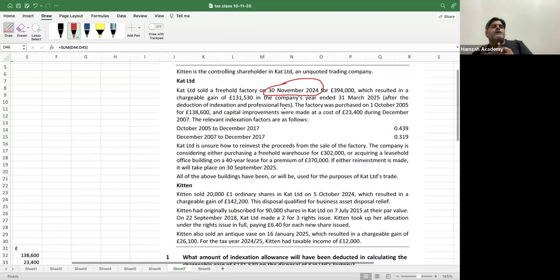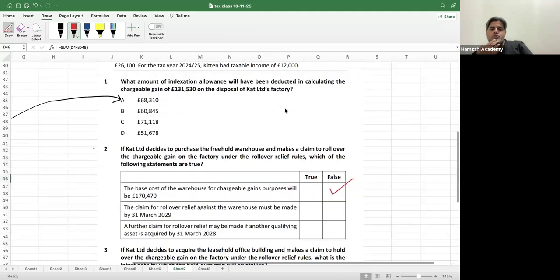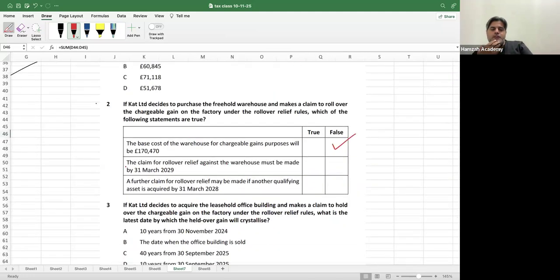So if it's 31st March 2025, I can take it 4 years forward: 26, 27, 28, 29, and then 30, because it's going to be replaced in the next year. In 2025 I sold, it's going to be replaced in 2026, then 4 years after is 2030. So saying that the claim is going to be available in 31st March 2029 is wrong because it's been replaced in 2026. So 4 years plus, that's going to be 2030 over here.